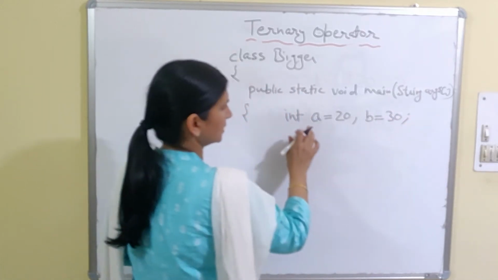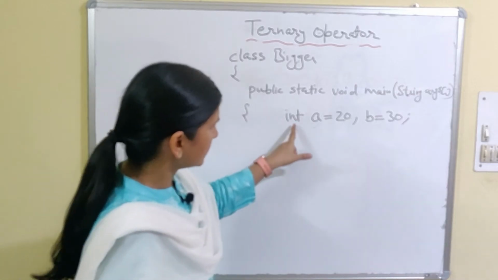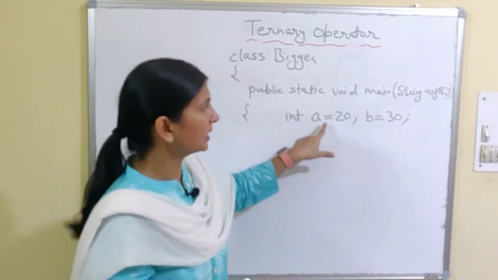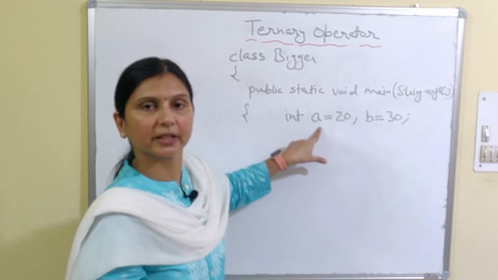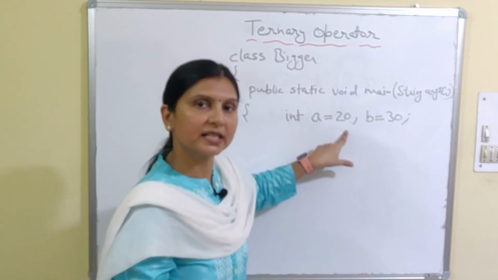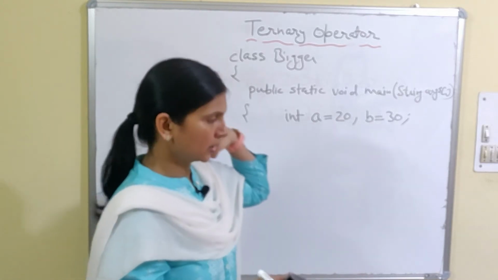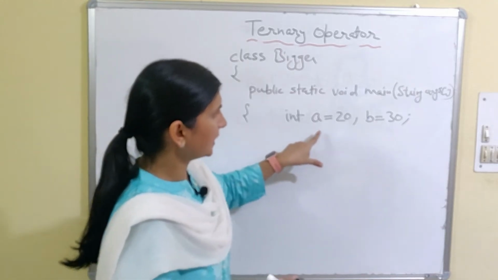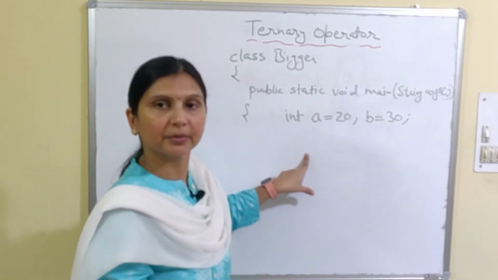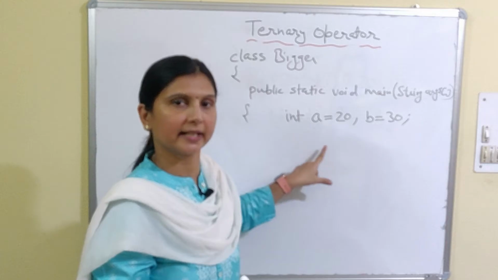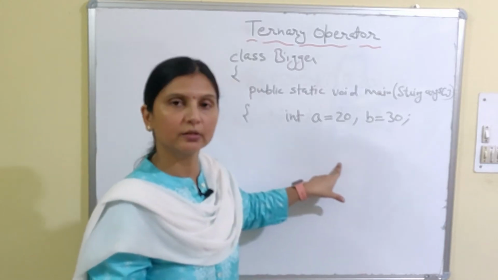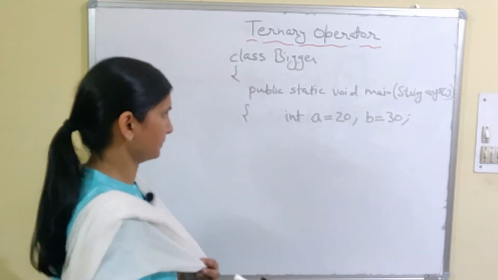Then semicolon. See, in this you have declared the variable as well as initialized the variable. So declaration plus initialization in one step. You can also use int a comma b, then in a separate line you can initialize a equals 20 and b equals 30. Both will be correct. Fine.